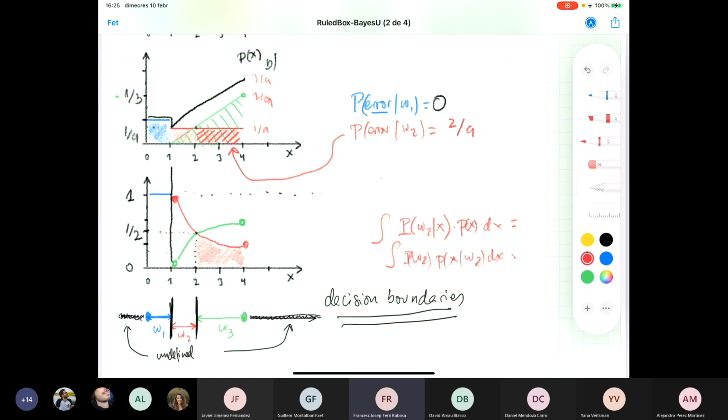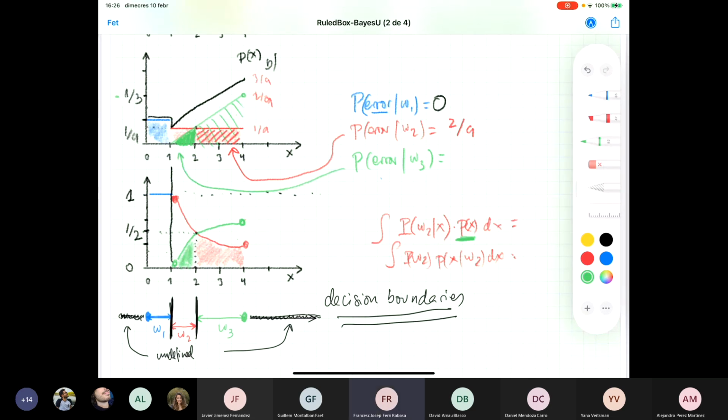Well, what about the third one? The third one is the same reasoning, and now the area here would be this, but this area is not exactly the error because we have to weight it by the unconditional, which corresponds exactly to this area here.